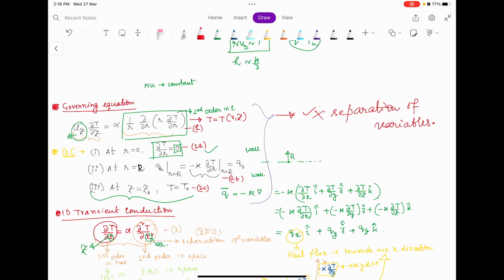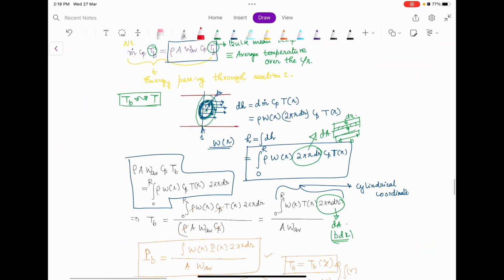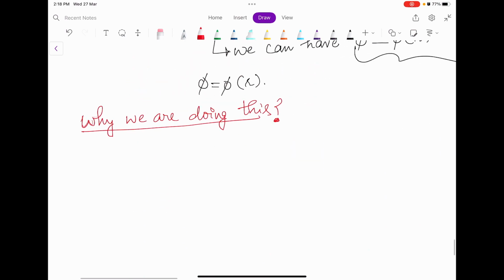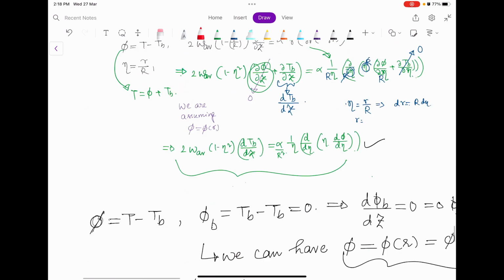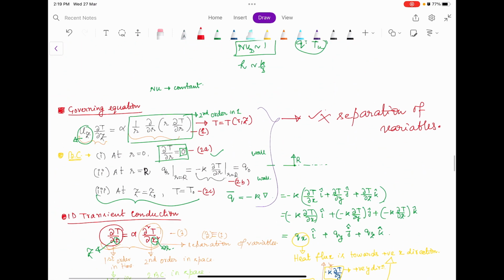But after that, to solve this equation I need mathematical manipulation, so that is what I am doing now.